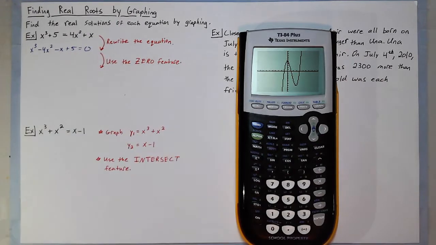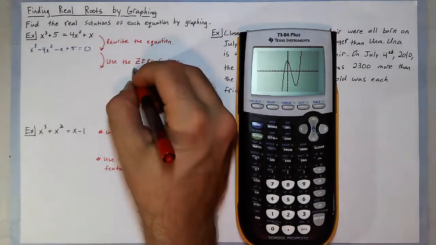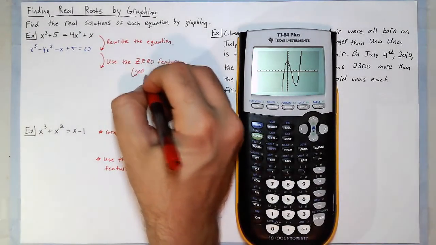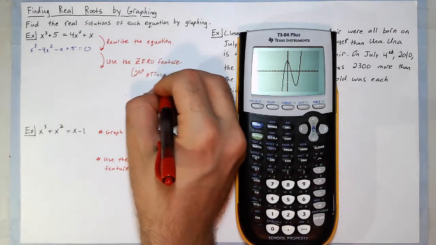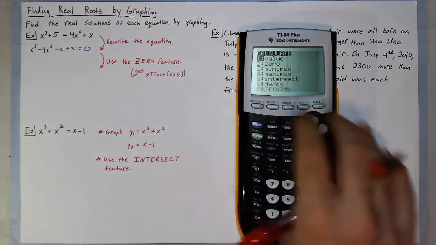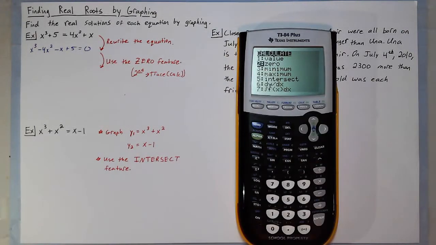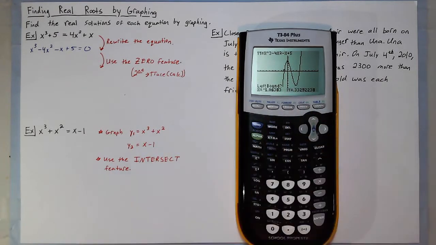I want to find zeros of the polynomial, so I'll use the 0 feature, which is located in second trace, the calculate menu. So second trace, the second option is 0. I'll hit enter, and then I'll go near one of the zeros, which seems to be around -1.